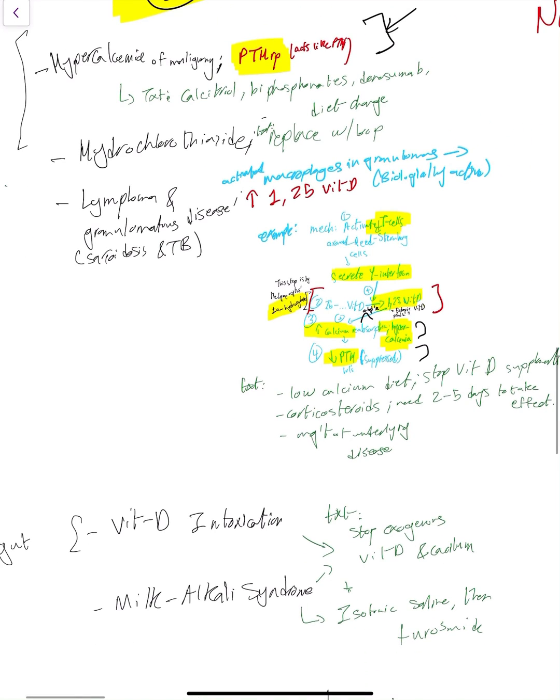But generally speaking, aside from management of the underlying condition, the lymphoma or granulomatous disease, you want to restrict calcium in the diet and stop vitamin D supplements. You can also give corticosteroids, which will decrease the conversion of 25 vitamin D to 1,25 vitamin D, and therefore help with this, but it will take 2 to 5 days to take effect.